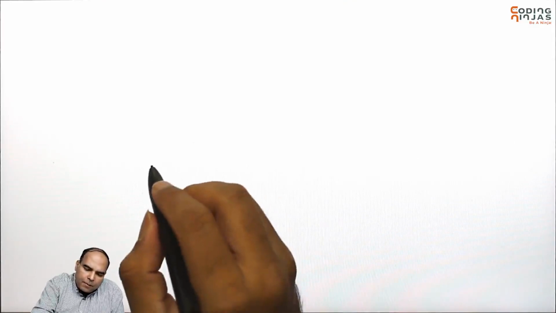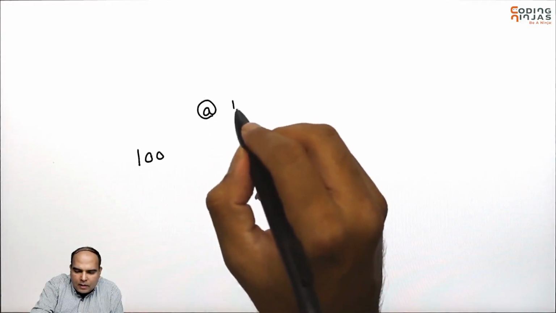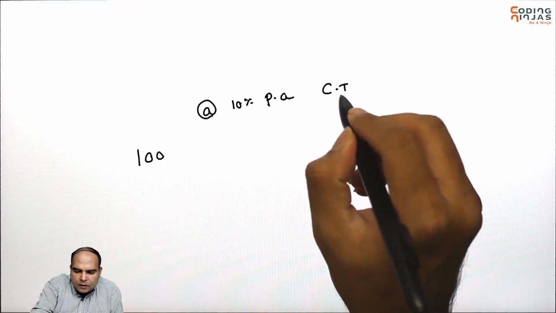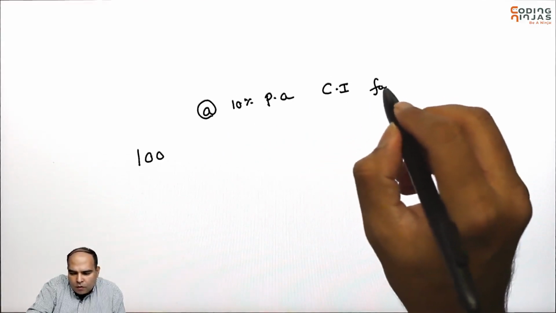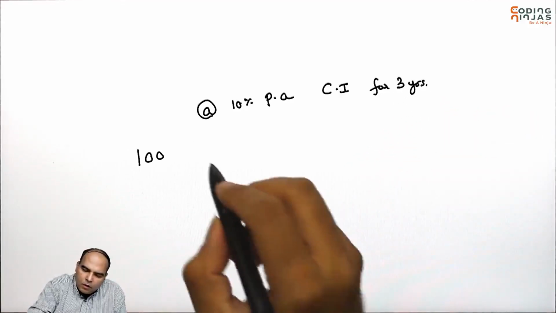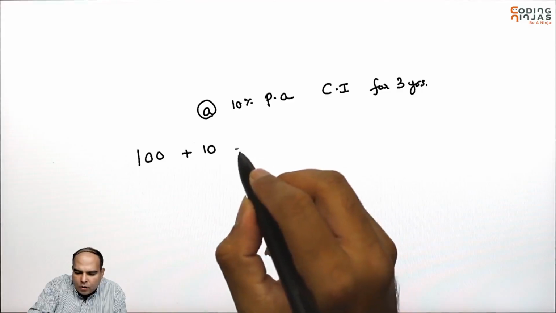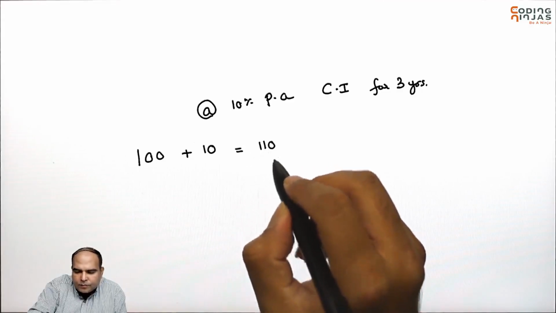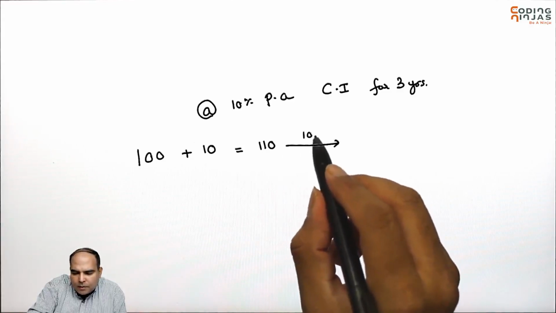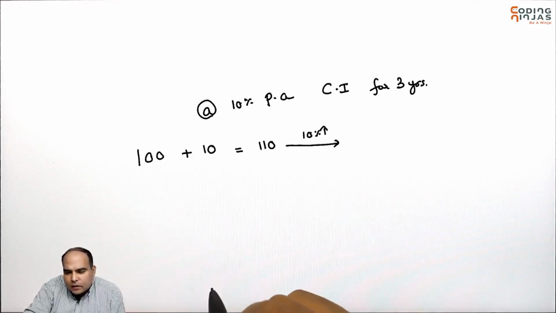So in compound interest, what happens is that if you invest 100 rupees at 10% per annum compound interest for 3 years, your first year interest would be 10, so your amount will become 110. Your second year interest will again be 10%, and notice the use of the percentage to calculate this.